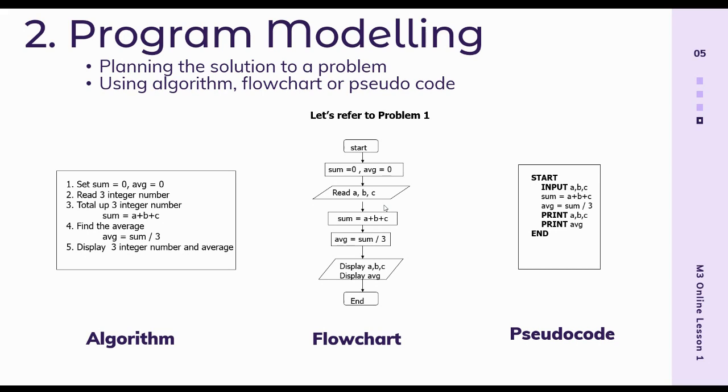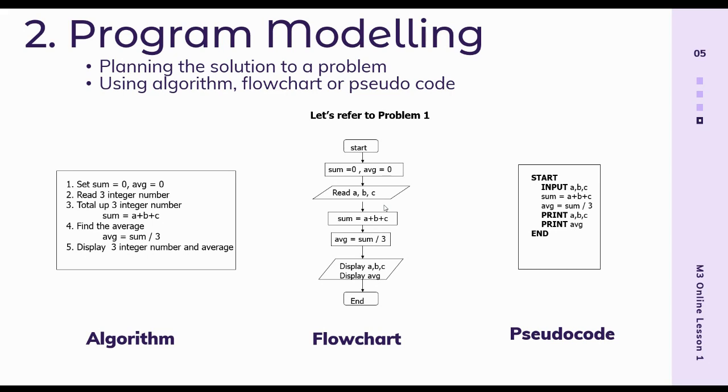We need a formula now, which will be sum is equal to a plus b plus c. And afterwards, another process, avg is equal to sum divided by 3. And lastly, a display or an output, which is display a, b, c and display avg. And then we end the program.